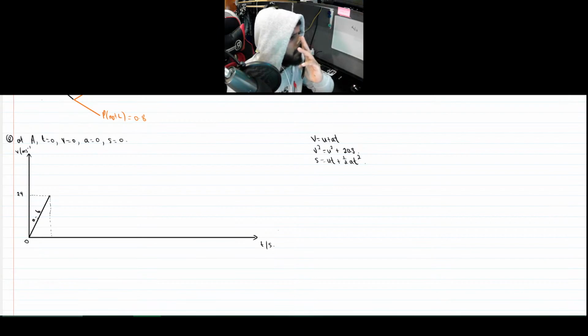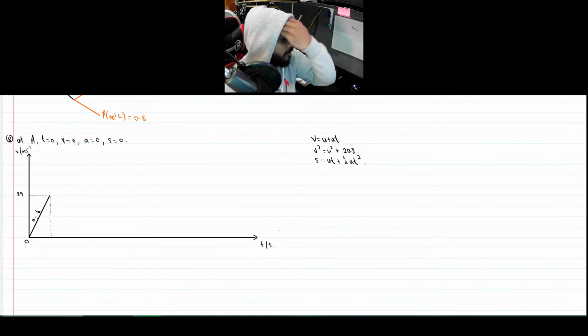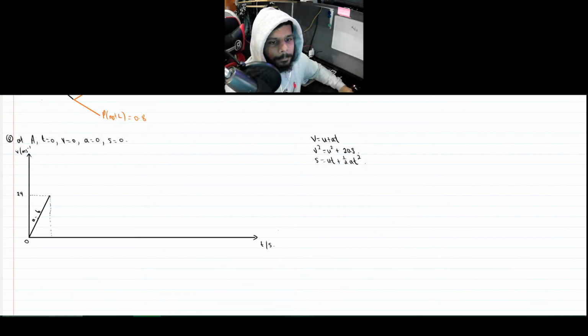So which one do you think we could use here? I have acceleration and I have velocity. I want to know what the time is. To me, it looks like I could use the first one, V is equal to u plus at. I have the final velocity, the initial velocity, and the acceleration.